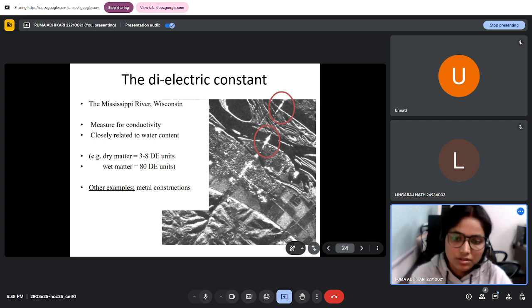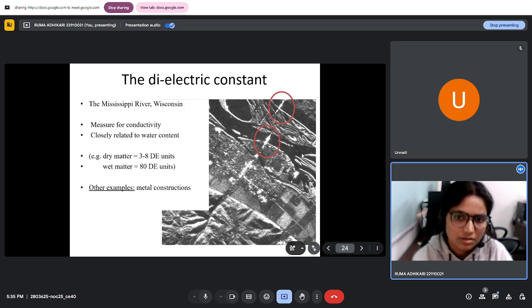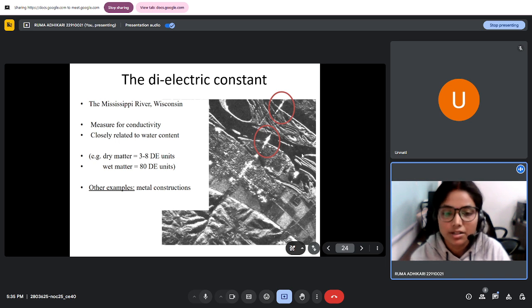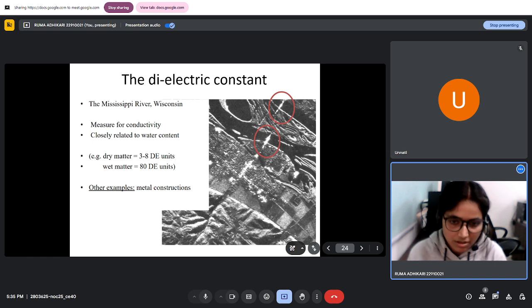So here, if we see this image, this is one SAR image, and it has bridges, metal bridges, and this is the water. We have already read that a material with high dielectric constant should appear brighter in a SAR image.